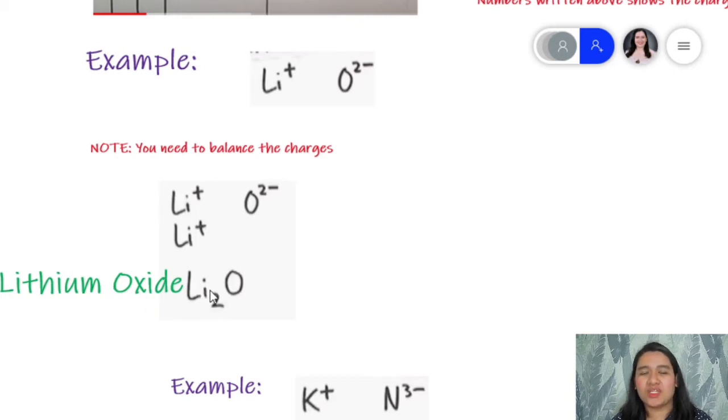We change oxygen to oxide because they are already bonded. Now, this is our solution. We literally count how many elements are present. Here, we have 2 lithium and 1 oxygen. That is why we get Li2O.